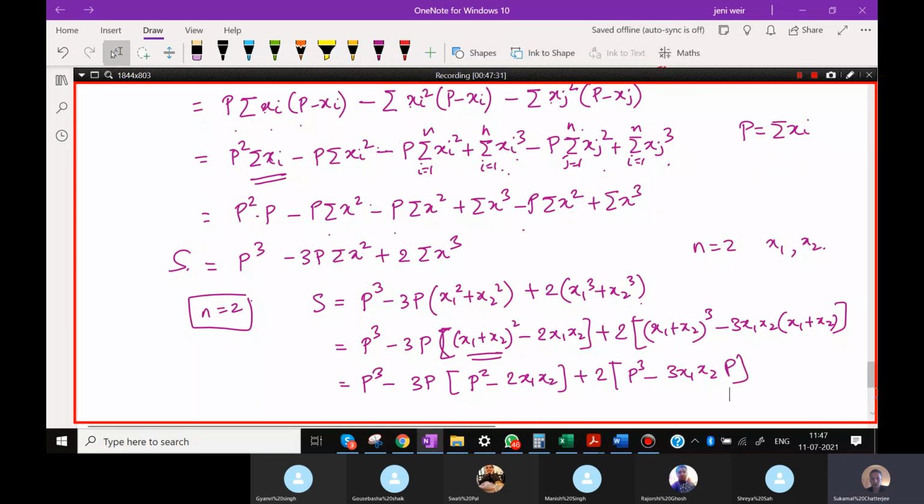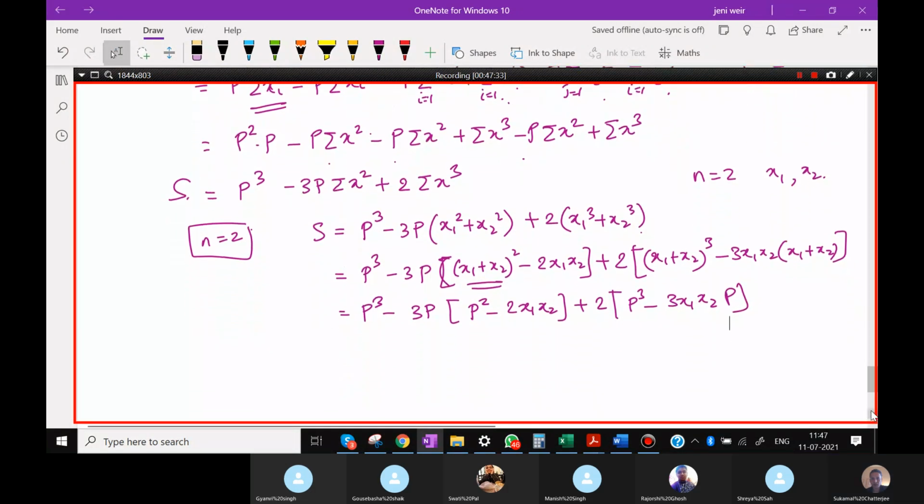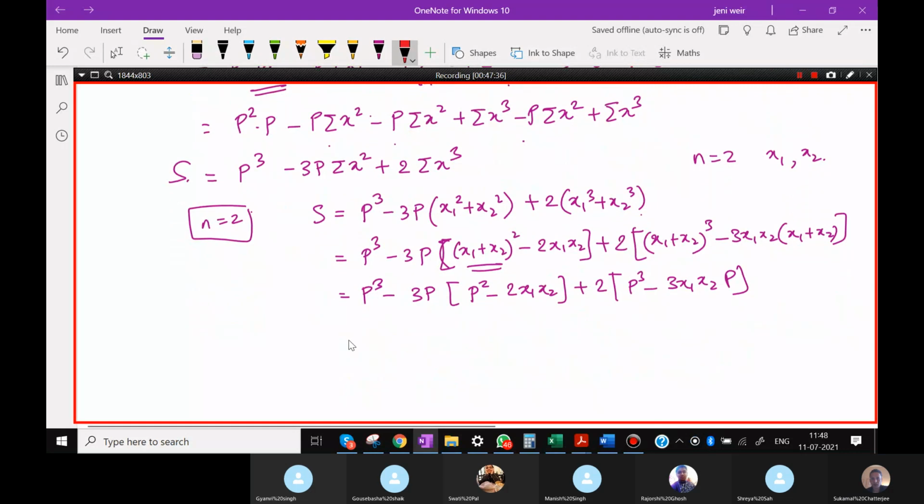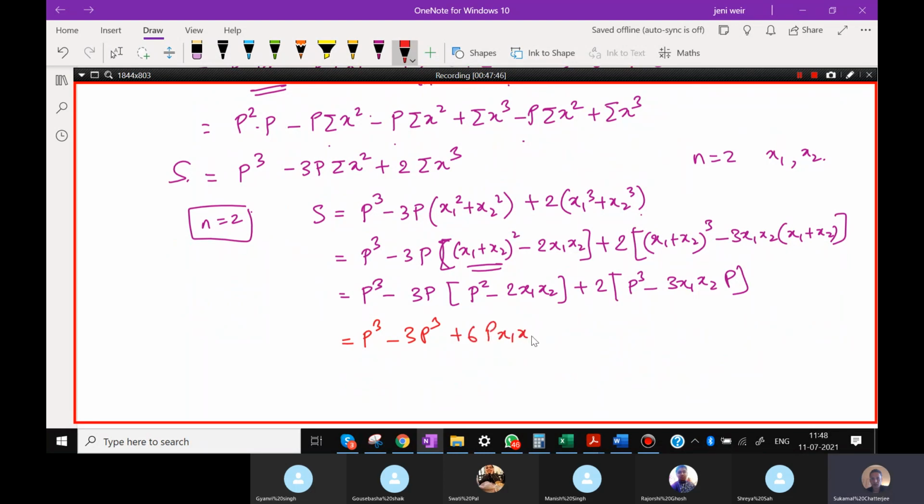So now if you simplify, you will get p cube minus 3p cube plus 6 p x1 x2 plus 2p cube minus 6 p x1 x2. So everything cancels out. You get this equal to 0. So for n equal to 2, this gives you a value of 0.